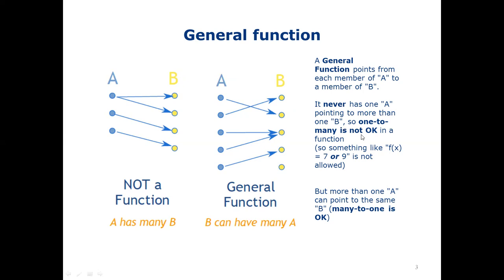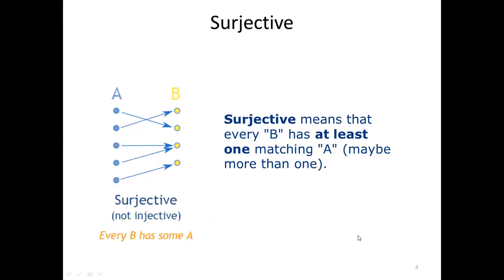So one to many is not okay in a general function. Here A is pointing to two B's, so it is not a function. If A has many B's, it is not a function. But B can have many A's. So many to one is okay, but one to many is not okay in the general function.